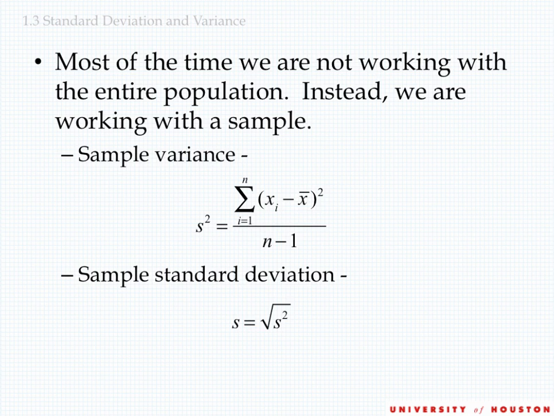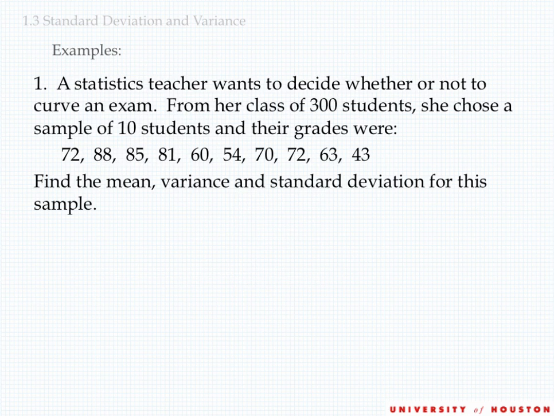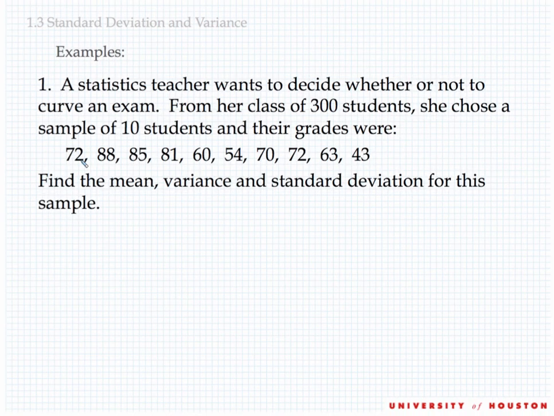Now let's look at some examples. Example 1. A statistics teacher wants to decide whether or not to curve an exam. From her class of 300 students, she chooses a sample of 10 students and their grades are given below. Find the mean, variance, and standard deviation for this sample. If we're doing this by hand, our work would look like this.